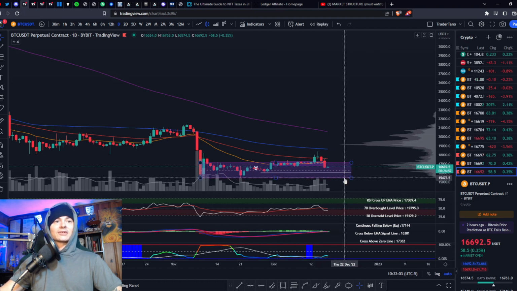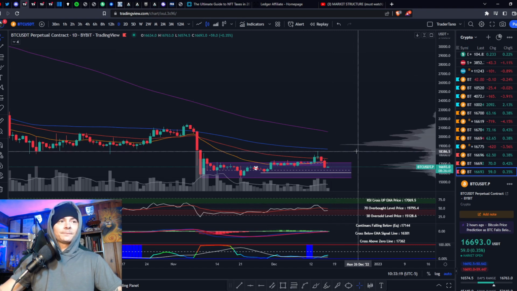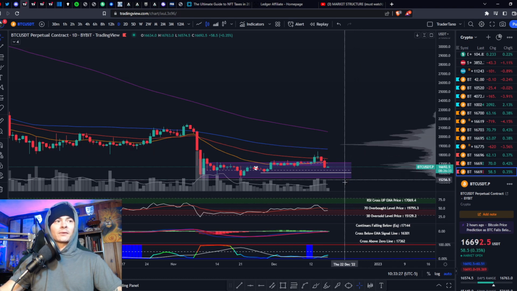So I think it either sends us down to 15,500 or brings us back up to about 19,130, where this POC, point of control, in the VPVR is, and maybe even your 100 at about 18,650. Okay, that'd be the ultimate bullish case, somewhere in this zone right here. But that's the lesser probability right now, for real.